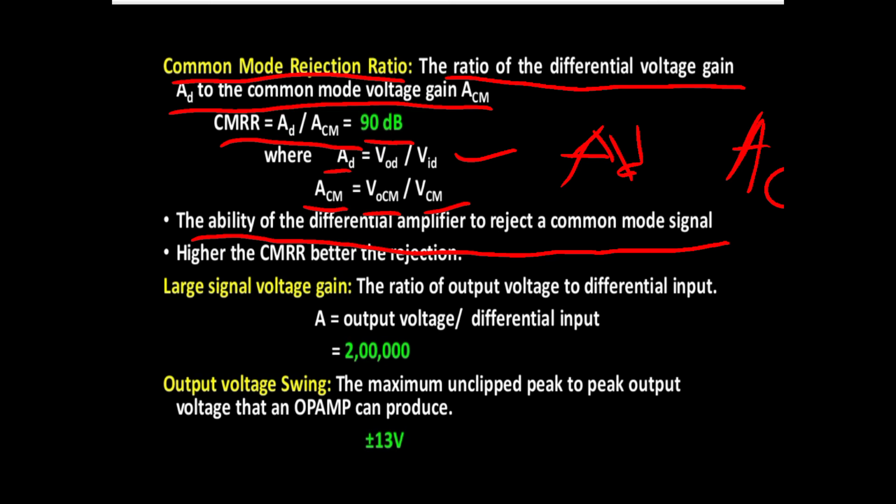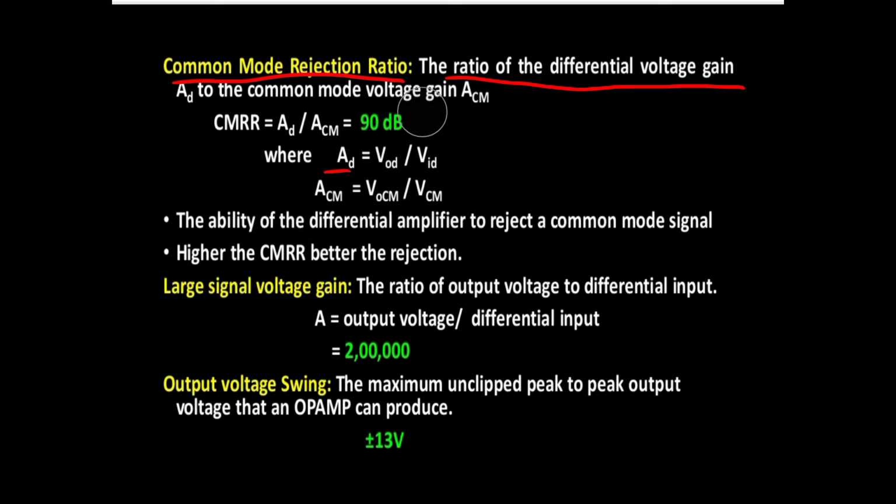Higher the CMRR, better the rejection, which means if we have a high common mode rejection ratio, then its ability to reject the common mode signal is more.